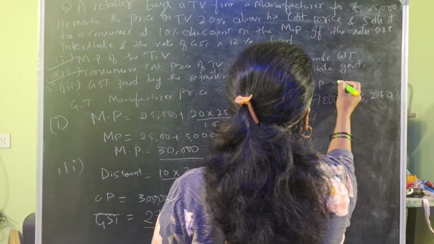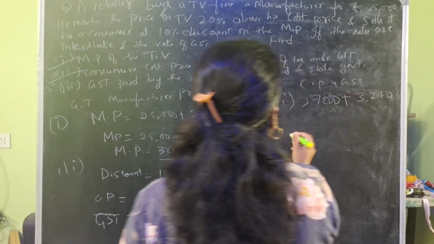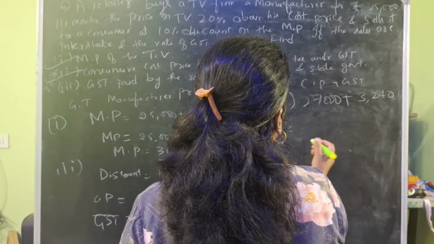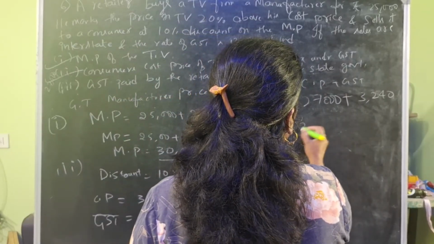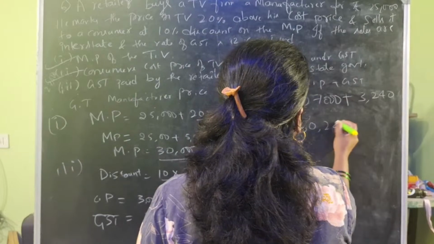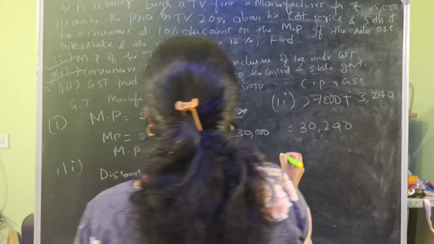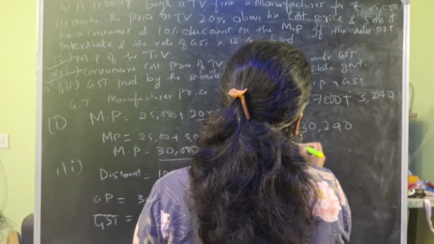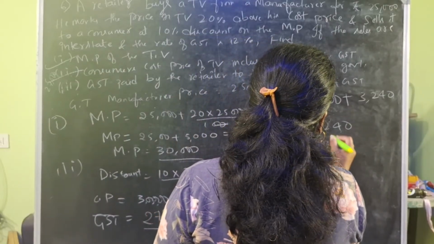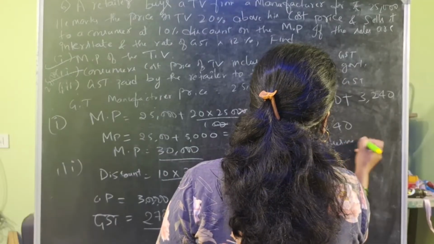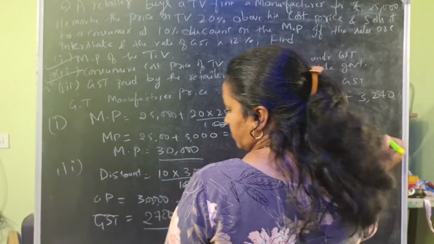Here, cost price plus GST, which is equal to 30,240. This is the price inclusive of GST.